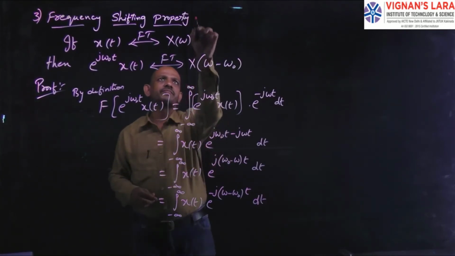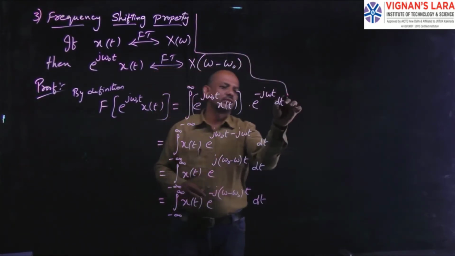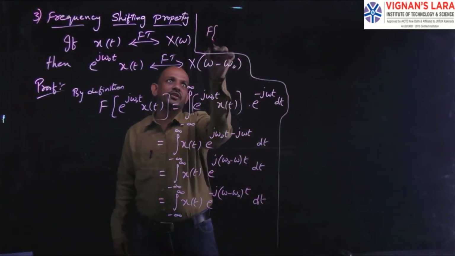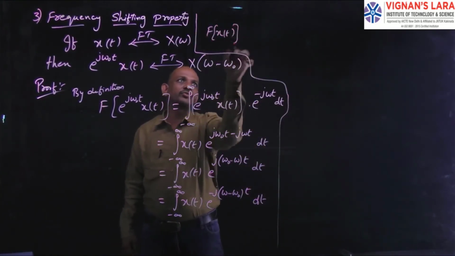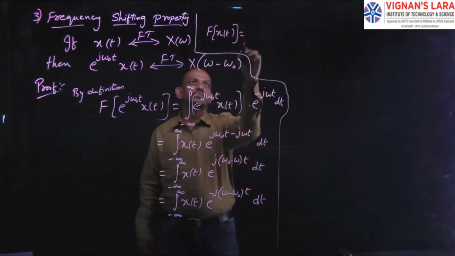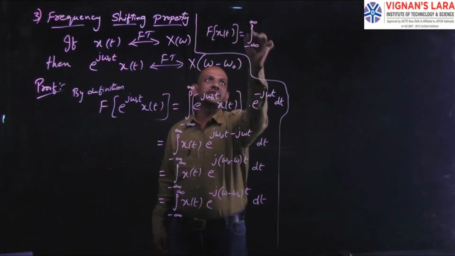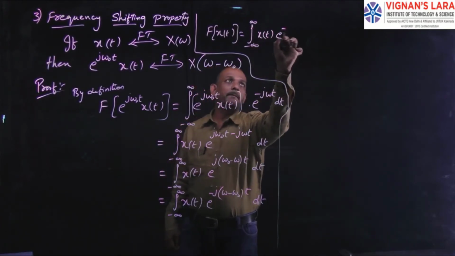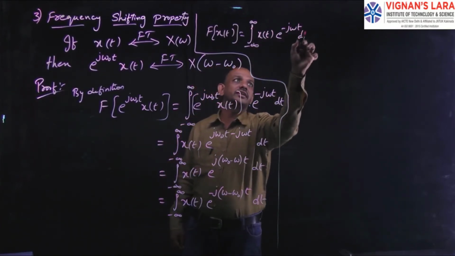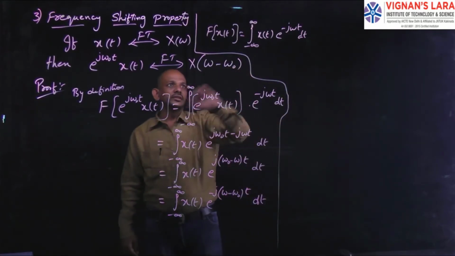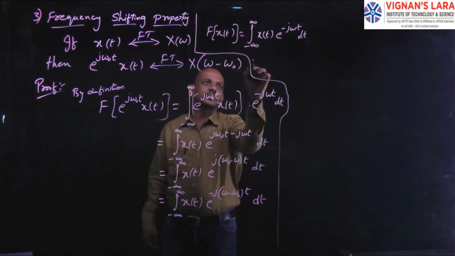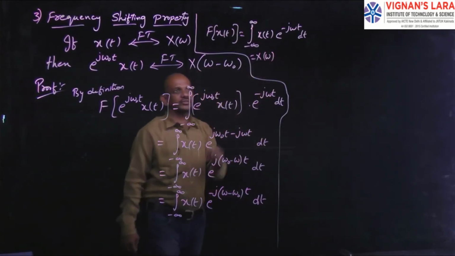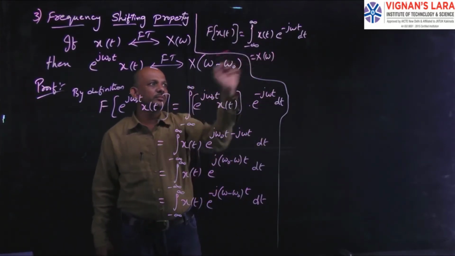See, we have the standard definition, that the Fourier transform of x of t will be equal to integral minus infinity to infinity x of t e power minus j omega t dt. This is nothing but X of omega, because the Fourier transform of x of t is X of omega.